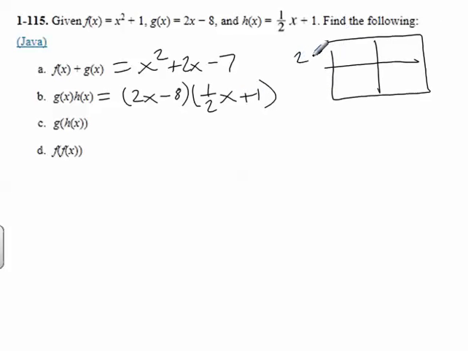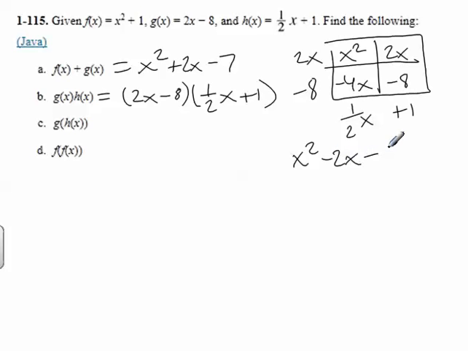So I've got 2x and a -8 and a 1/2 down here, x and a plus 1. So I've got half times 2, so that's 1x squared. This makes -4x. This makes 2x, and this makes -8. So we combine all of our like terms, and we get x squared minus 2x minus 8 for B, right there.